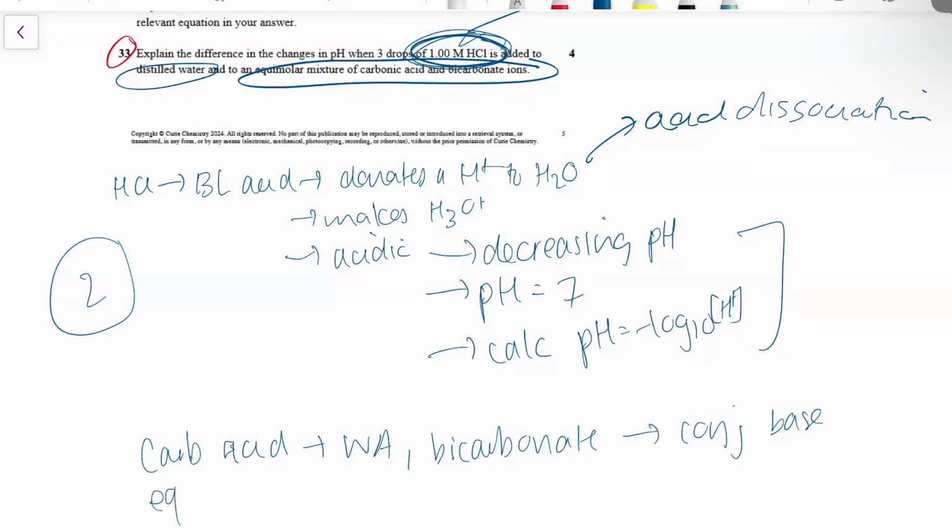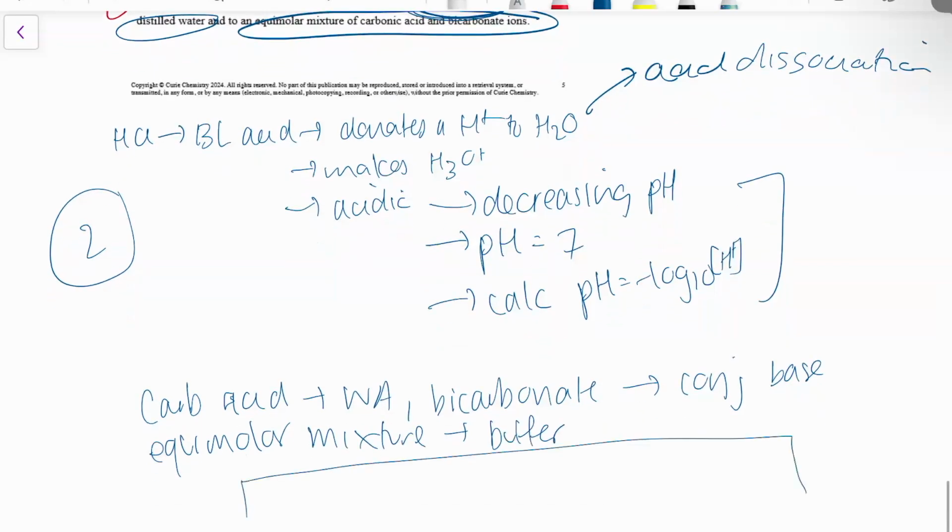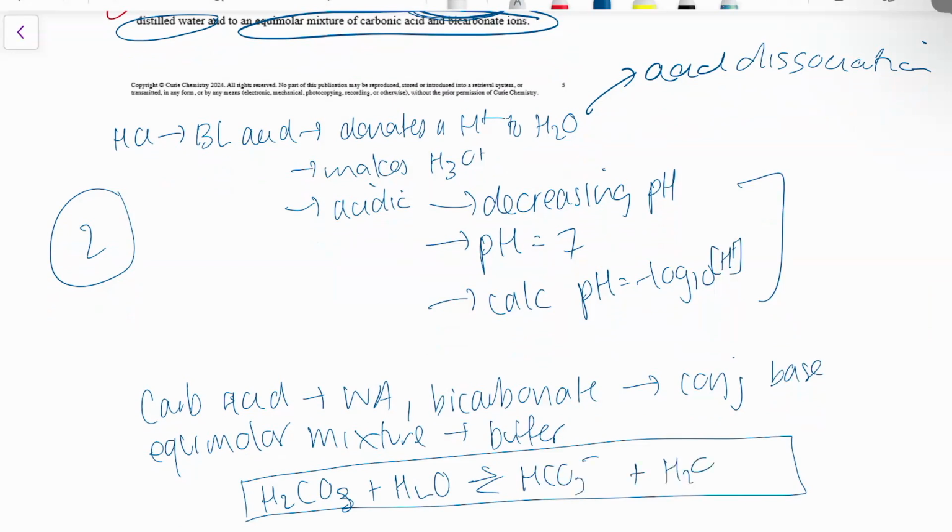So if it's an equimolar mixture, then it forms a buffer. And then you include your equation here. What's your equation? H2CO3 plus H2O, double arrow because it's weak, turns into HCO3 minus plus H3O plus.